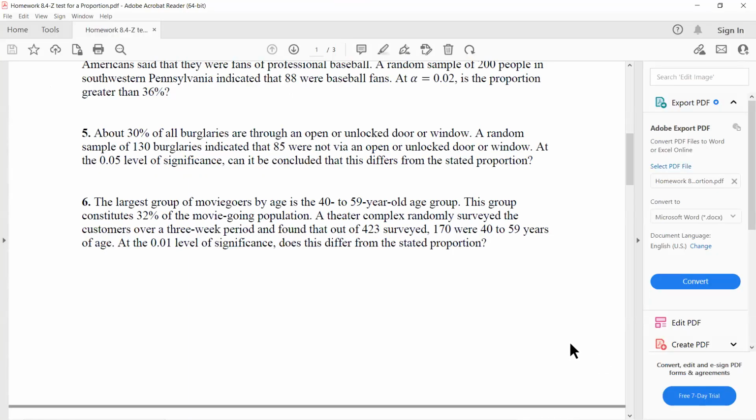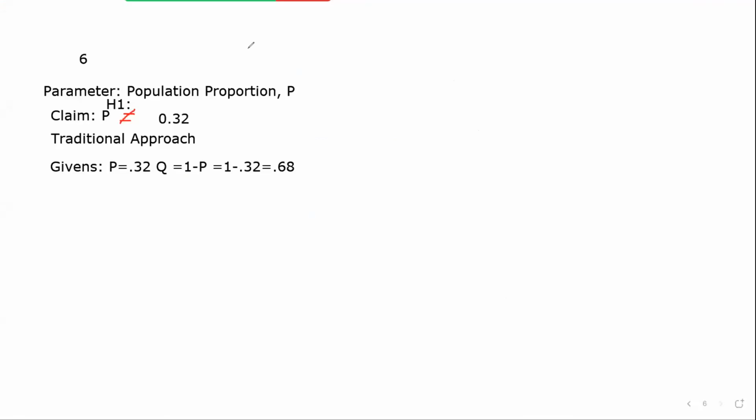We have 423 and we have 170 people and alpha is 0.01. So we have X is 170 and it's 423 people.